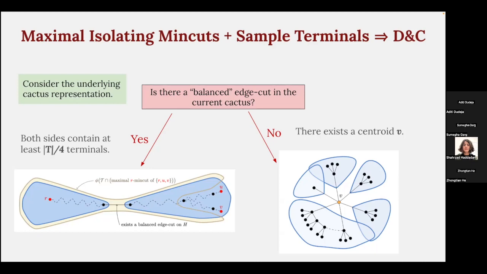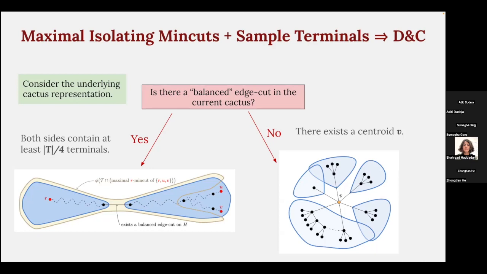standard mincut. But it turns out there exists a case where there actually doesn't exist any balanced standard mincut. Consider the underlying Cactus representation looks something similar to a star. Basically, there exists a centroid. In this case, every standard mincut is not balanced.